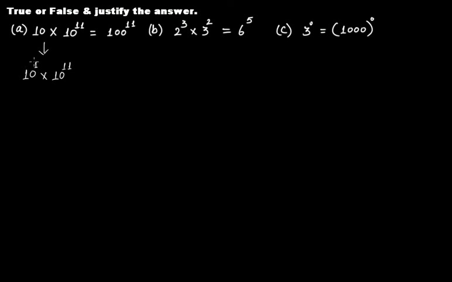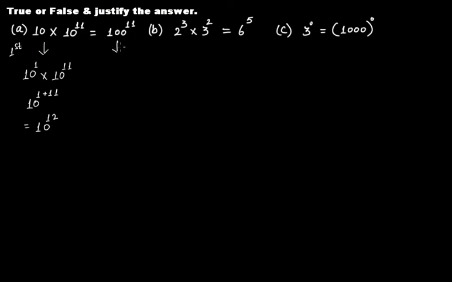In these two powers the bases are the same, the base is 10. So using the first law of exponents, write the base 10 and simply add the exponents. This becomes 10 to the 12th power.